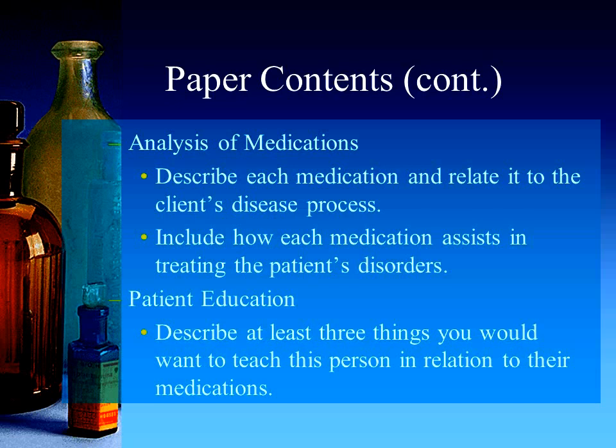You also want to include an analysis of the medications. In this section, you want to describe each of the medications, how it relates to the disease process or the condition that the person has. Basically, as we've been talking, what were the clinical indications? And we know for various medications there could be a number of different clinical indications.